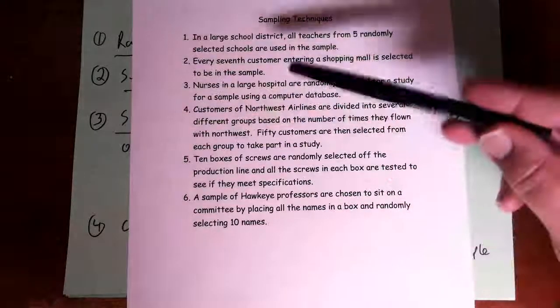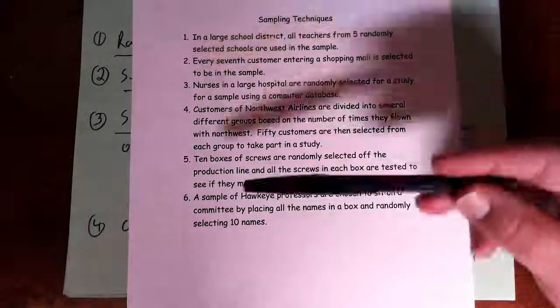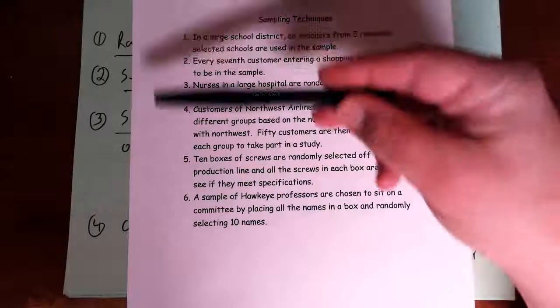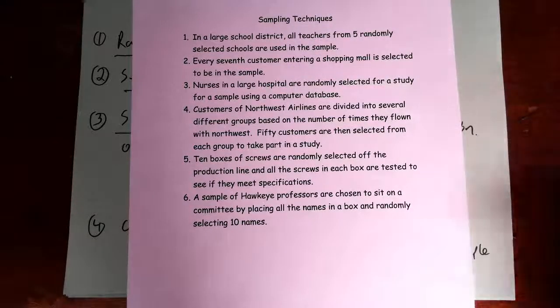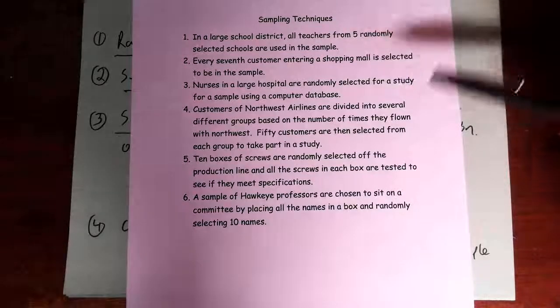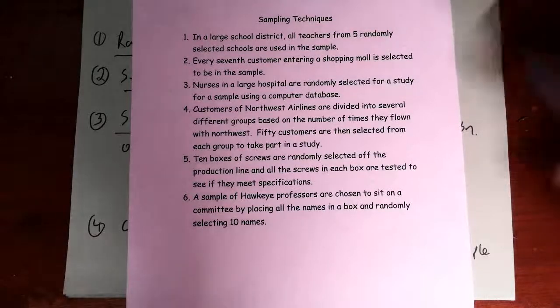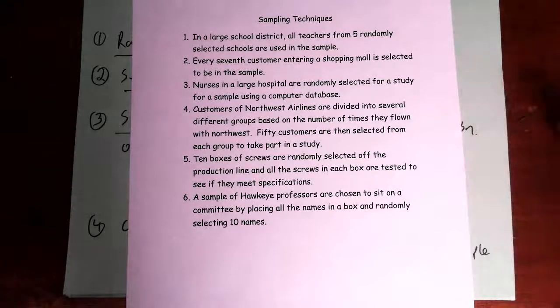And then they're randomly selecting from each of those strata because they're wanting to get people from each of these groups to see what they think of Northwest, or whatever the study is.